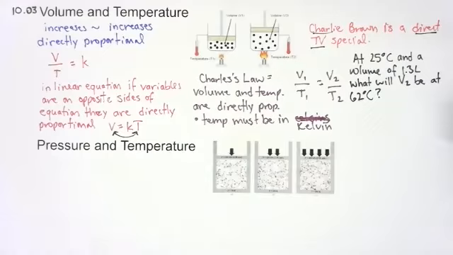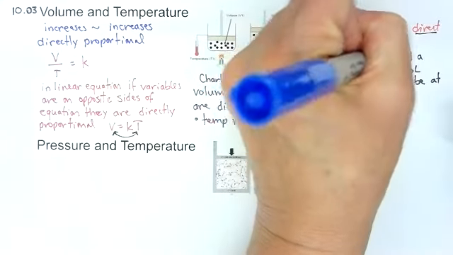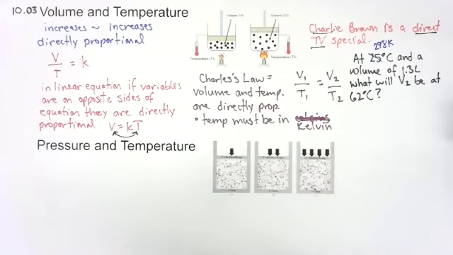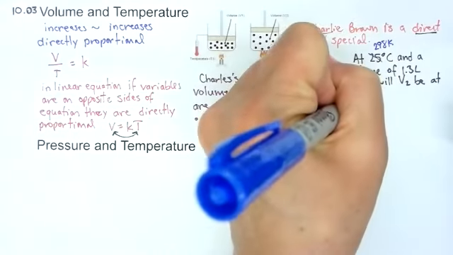Well, first of all, I have to convert my temperature to Kelvin. One of the things I like to do is, before I make my variable bank, I'll just convert my temperature. So if I add 273, 25 becomes 298 Kelvin. And 62 plus 273 is 335 Kelvin.